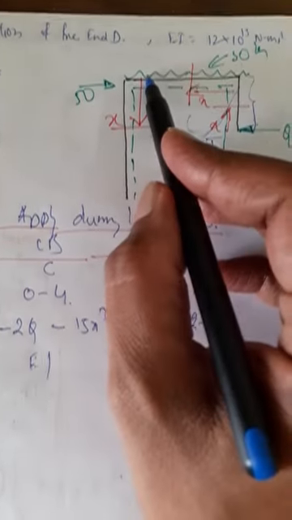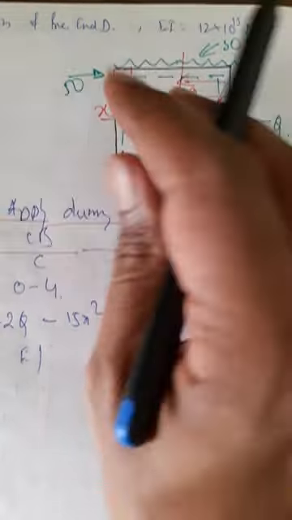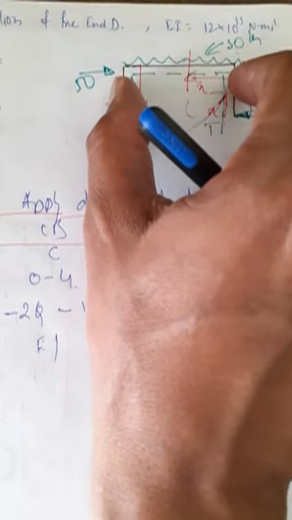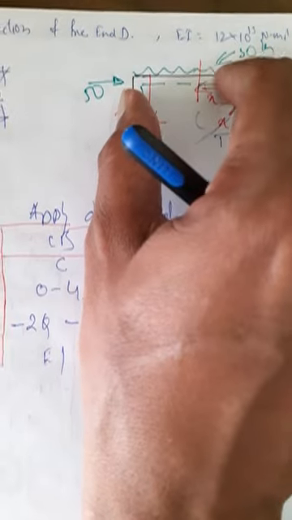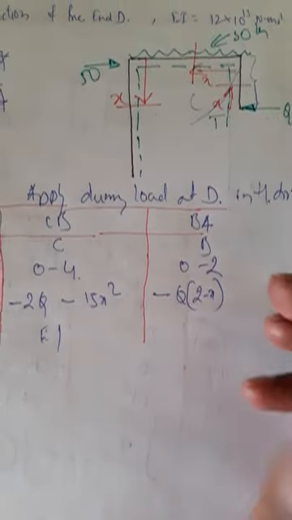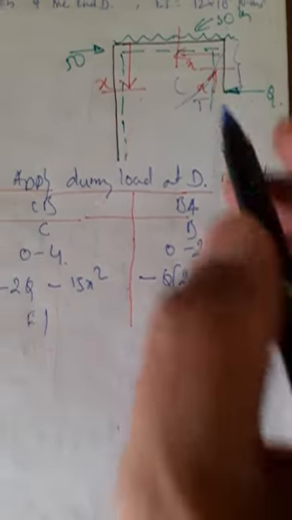Next, because of the UDL, load into span into CG. Load is 30, span is this whole span 4, CG is 2. So 30 into 4 into 2, I get minus 120.